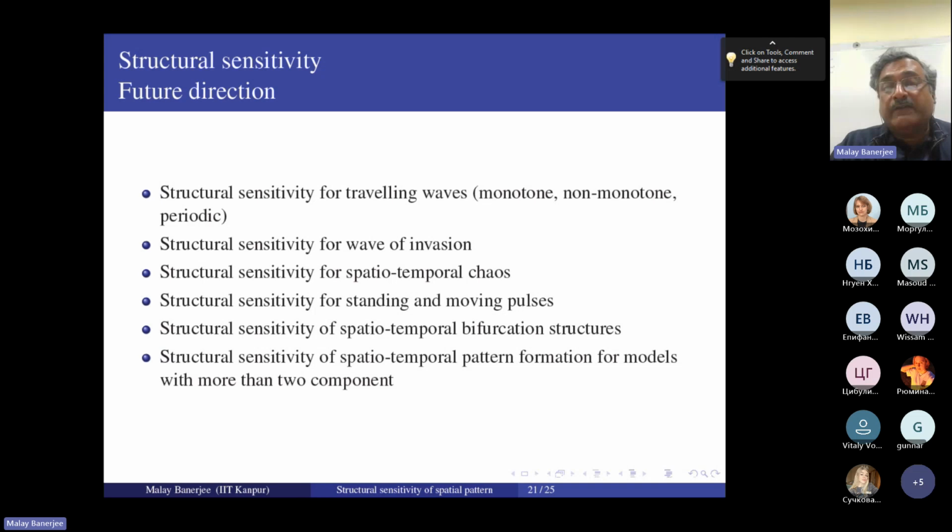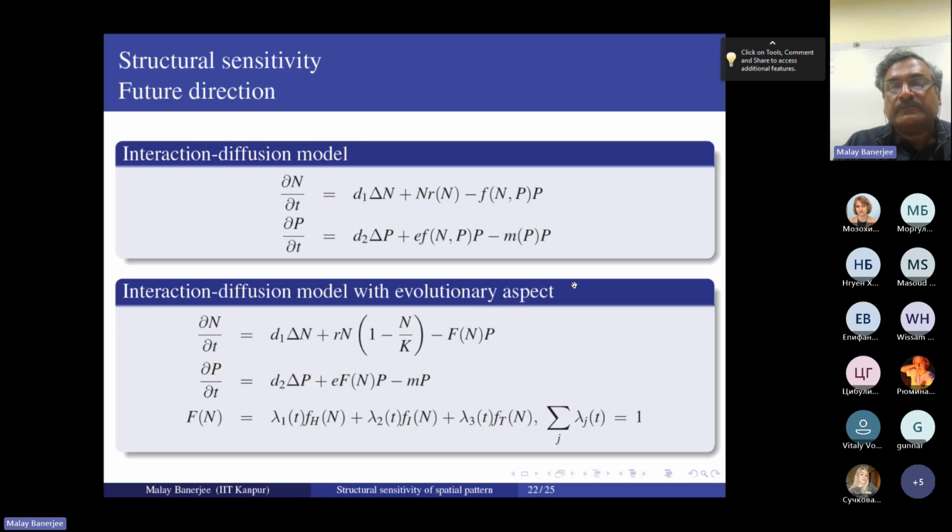So here I confine myself only to 2 components. That means activator and inhibitor, or prey and predator. But of course, one can consider prey, predator, super predator, or several other systems which have 3 or more components. So how this structural sensitivity can affect those areas, those are very interesting areas of research.